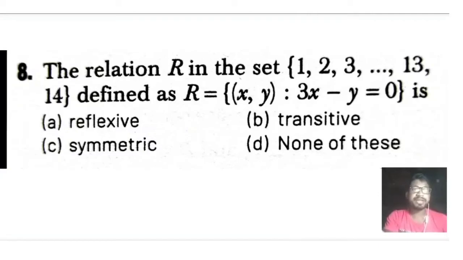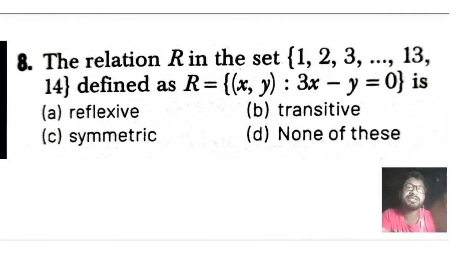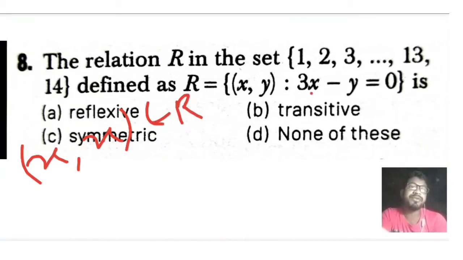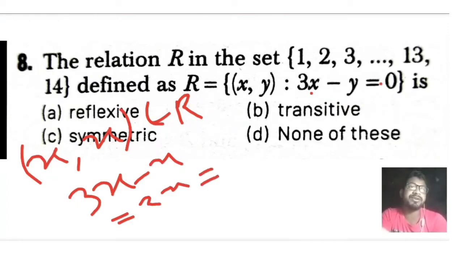Take any element x, we have to check (x, x) belongs to R. So put here 3x minus x and it's 2x, so it's not equal to 0. So this relation is not reflexive, so option A is incorrect.